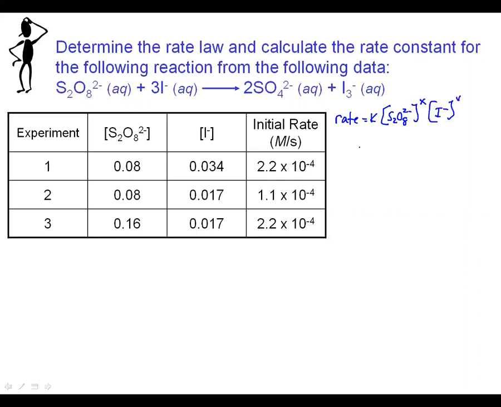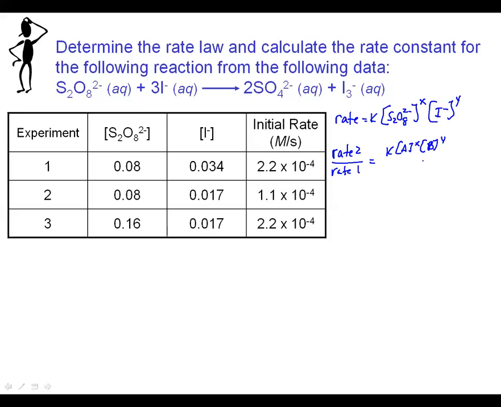And for most people, a mathematical approach is the best approach, where we pick two entries like we were just talking about. And the goal when we pick those entries is that we want to keep one constant while we vary the other.